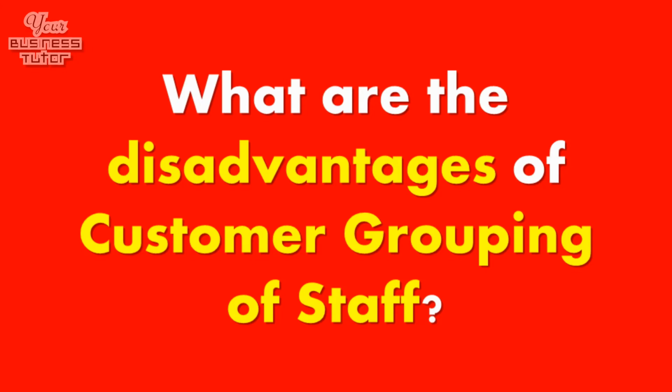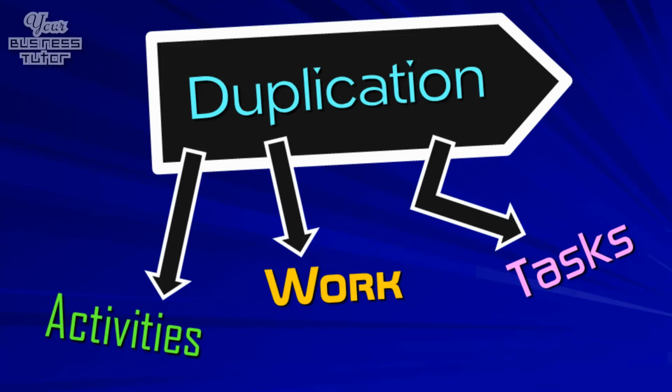Okay, now that we've looked at the advantages, let's now move on and ask, what are the disadvantages of customer grouping of staff? As with product service grouping, the biggest disadvantage of customer grouping is the duplication of activities, work and tasks across the organisation.